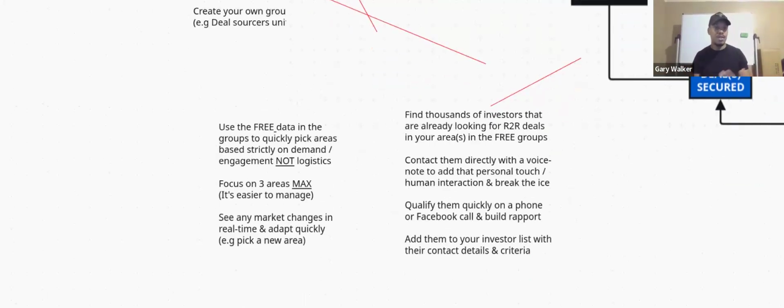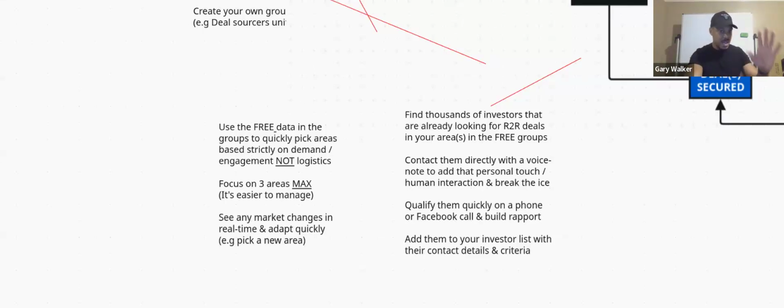So, for example, if you did pick an area that turned out to not have much demand, because maybe you just didn't do the research properly, you can very quickly go back into those groups and pick the high demand area that you need to change it to. It's a very quick exercise. It doesn't involve too much. Like I said, you're just going through these groups and doing those checks yourself in real time. You can see it clear as day, based on comments and likes and things like that.